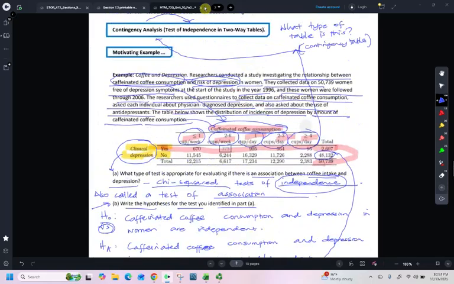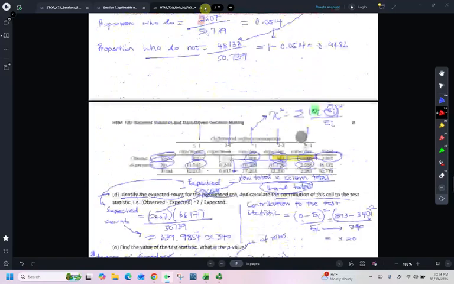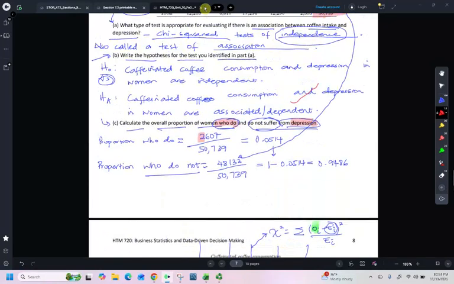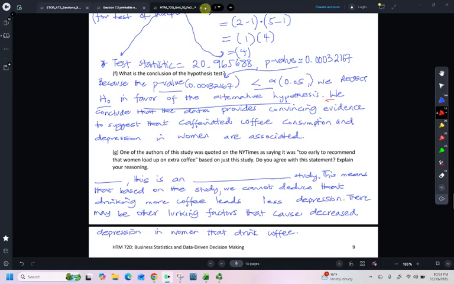Let's go back to the alternative hypothesis. So we are favoring the alternative. So what's our conclusion then? Caffeinated coffee consumption and depression in women are associated. So in other words, we conclude that the data provides convincing evidence to suggest that caffeinated coffee consumption and depression in women are associated.